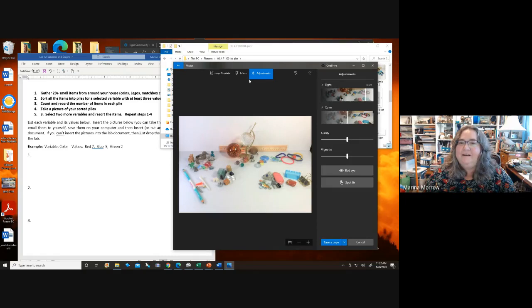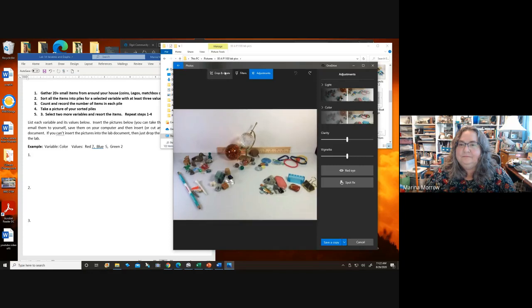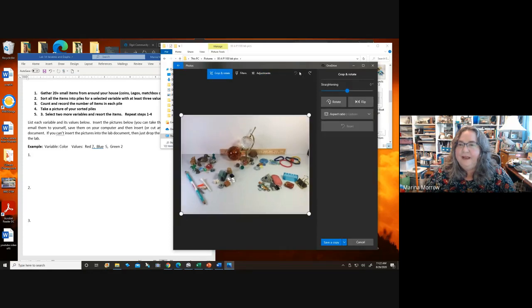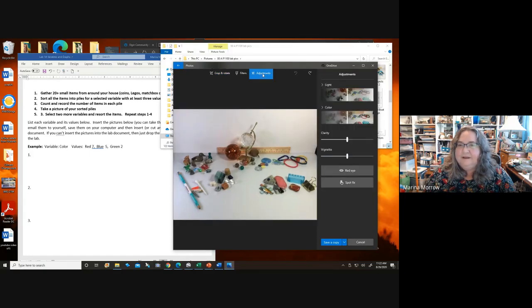Also, though, you can crop and rotate. Adjustments. Where did my edit go? I'm showing you how to do this.